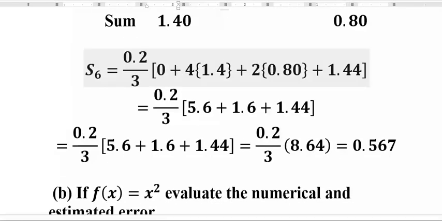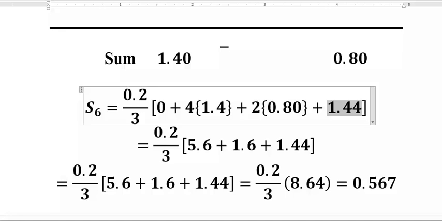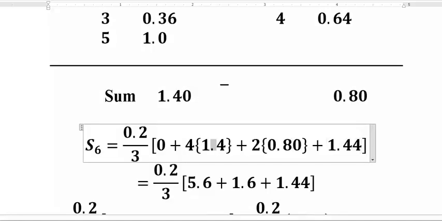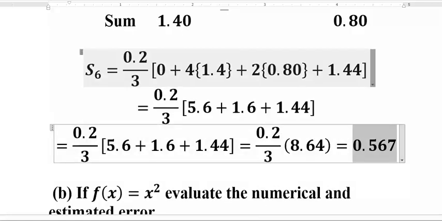Multiply by f of a, which is 0, f of b, which is 1.44, 4 on the odd values, which is 1.4, 2 on the even values, which is 0.80, and the result is 0.567.